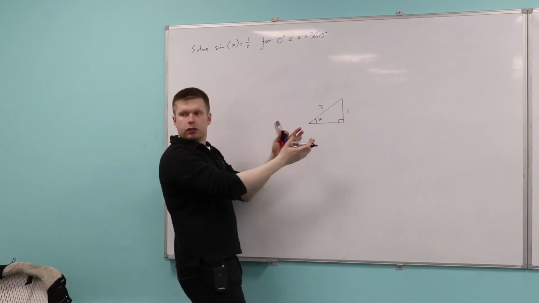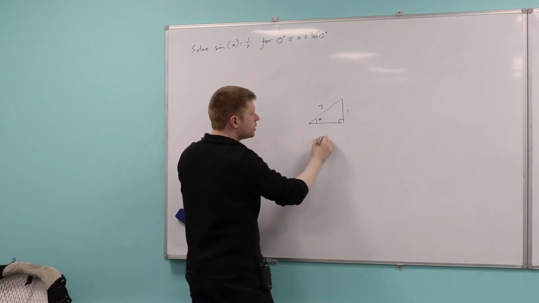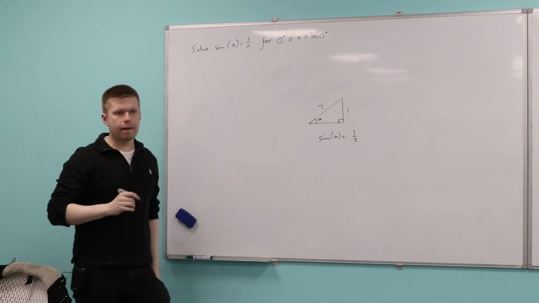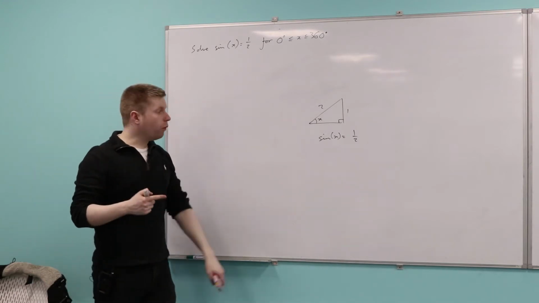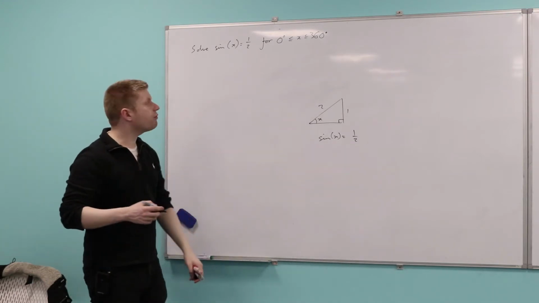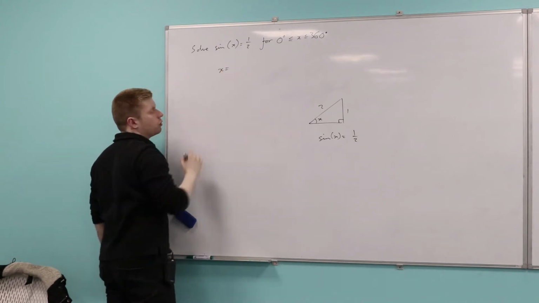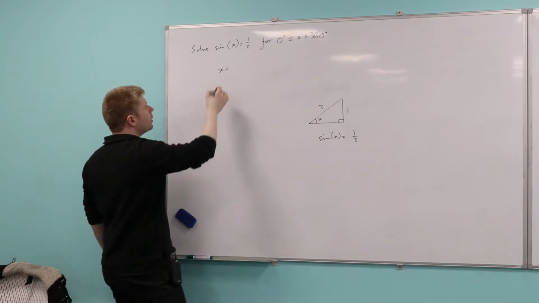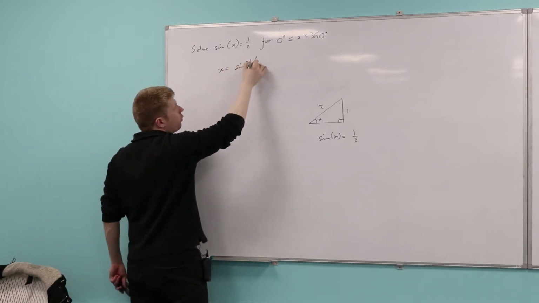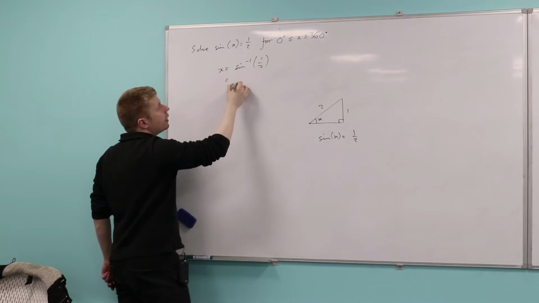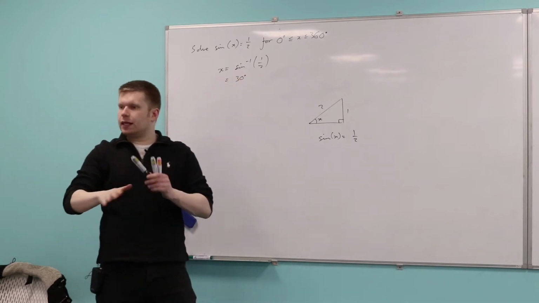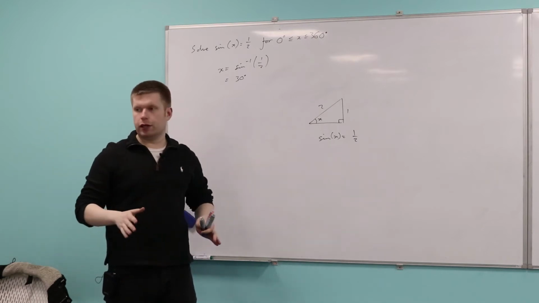You solve it and end up with sine of x equals 1/2, and how would you find what x was? Yeah, good. You go shift sine of 1/2, or you might even know it. Either way, it comes back as 30 degrees, and you're like, right, that's it, done, finished, and move on to the next question.